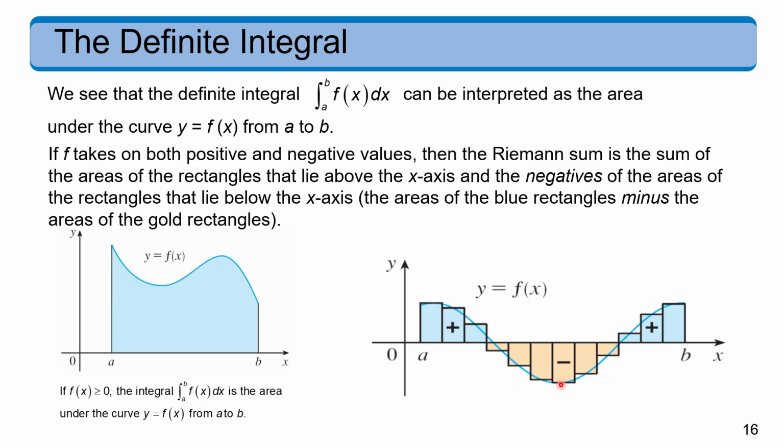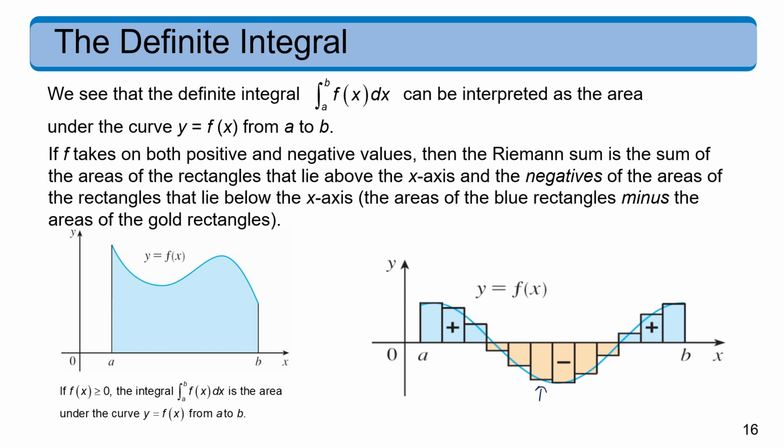So think about what happens when we make our approximating rectangles. The part that corresponds to the positive part of the curve is the same, right? You pick your sample point, you calculate f of x for the height, multiply it by the width. Now over here, when we follow our formula, we pick our sample point, you find the f of x will be negative. So we're still going to use the same formula, right?